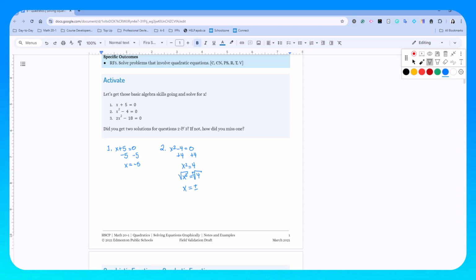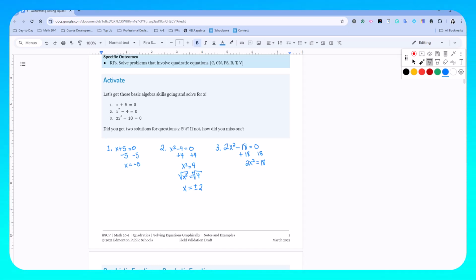And you're thinking, well, why do we need plus or minus 2? We'll come back to that in a quick second. Let's look at 3. For 2x squared minus 18 equals 0, well, same thing. We're going to start by adding 18 to both sides. Get 2x squared equals 18.